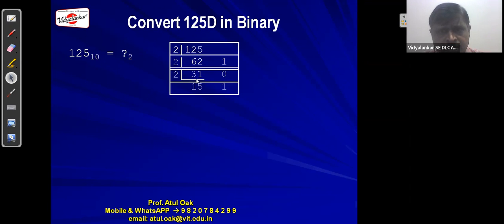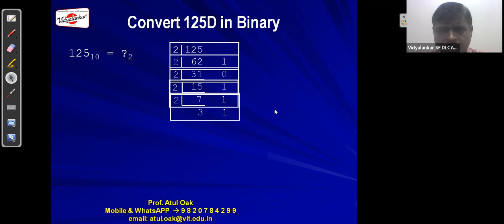If you divide 31 by 2, this is my quotient, this is my remainder. Again divide by 2. If you divide 15 by 2, this is a quotient, this is a remainder, again divide by 2. If you divide 7 by 2, this is a quotient, this is a remainder, again divide by 2. If you divide 3 by 2, this is a quotient, this is a remainder, again divide by 2.